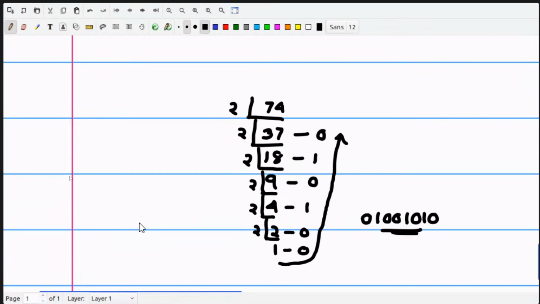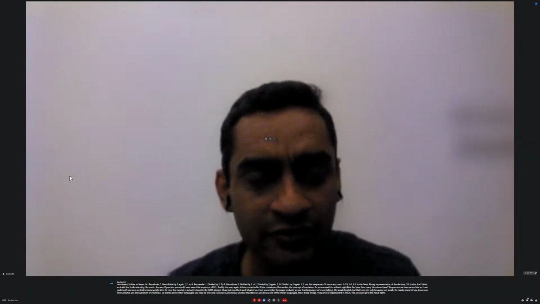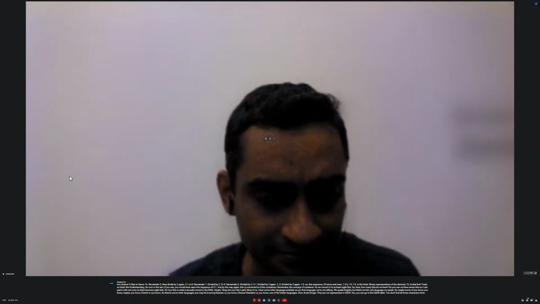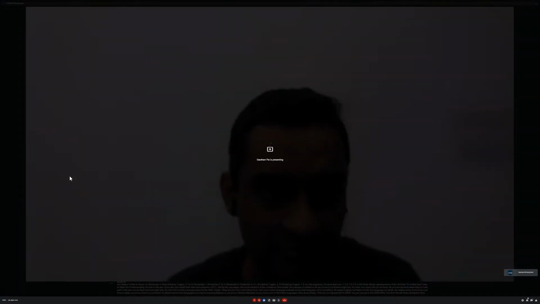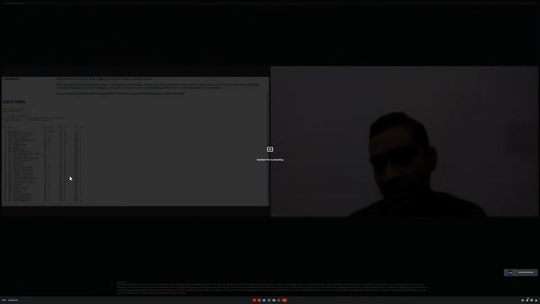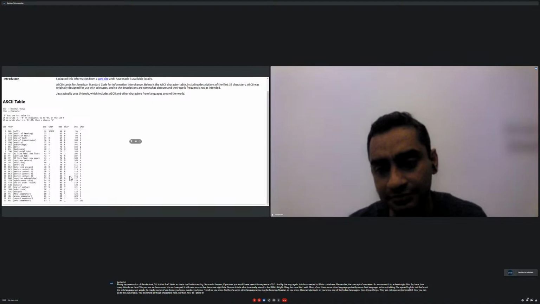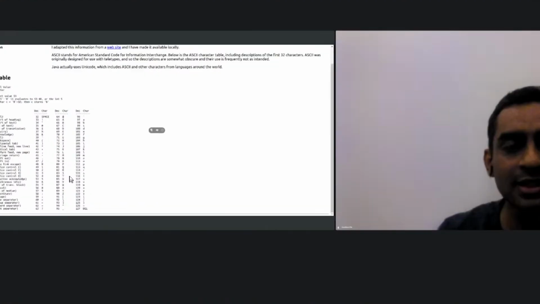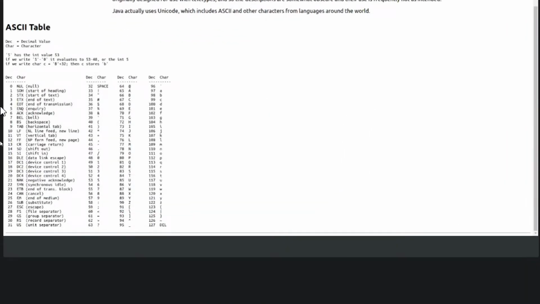Now those things are not represented in ASCII. Yes, you can go to the ASCII table. You don't find all those characters here. So then how do I store it? How do I take a non-English character and store it in the RAM?